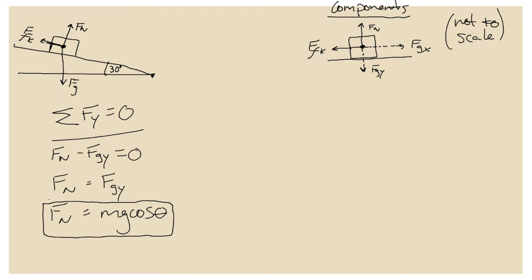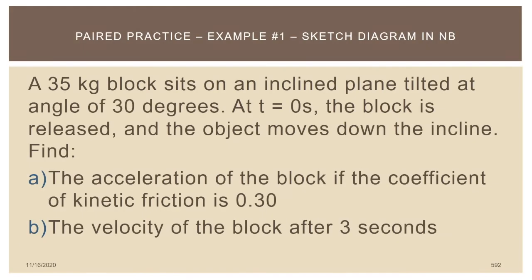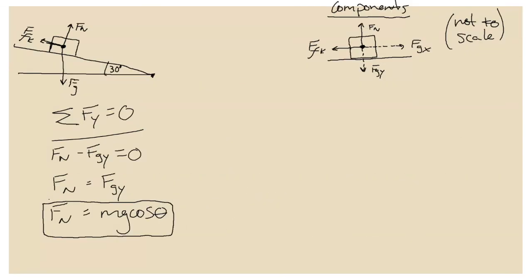What I notice is that a lot of people take that equation, because we know the mass, they told us it was a 35 kilogram block, and we know the angle is 30 degrees, and obviously we know g, and they go ahead and calculate the normal force right here. You should not do that. Do not just calculate the normal force when you get the equation. I'll show you why in a couple of minutes. But the normal force equation is going to look like this, mg cosine theta. And we're just going to leave that.